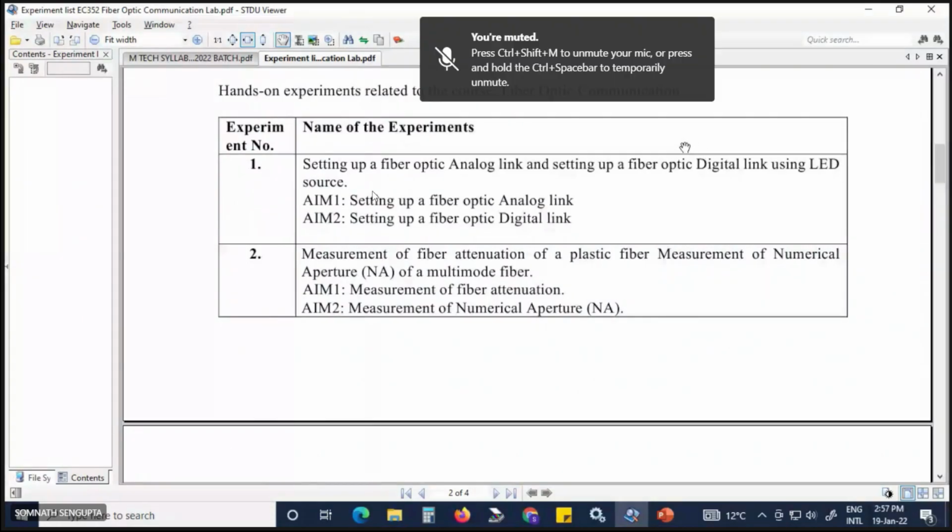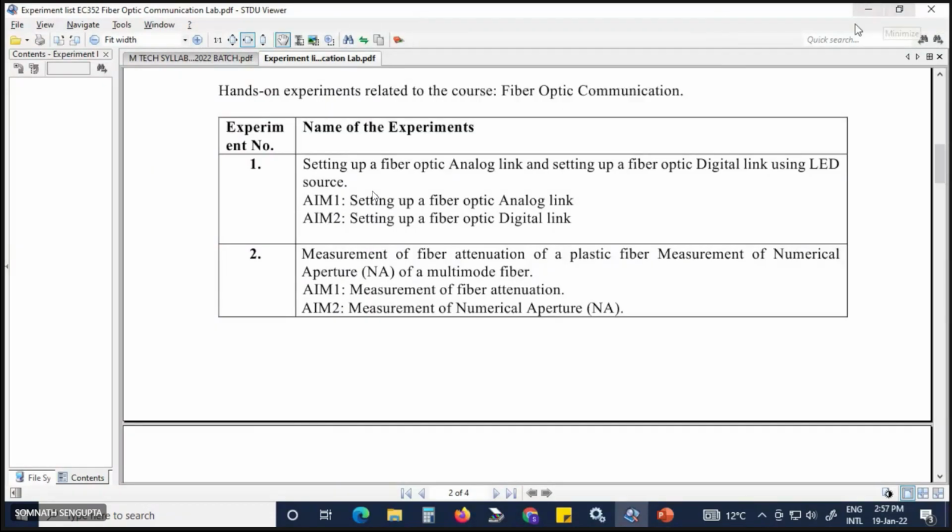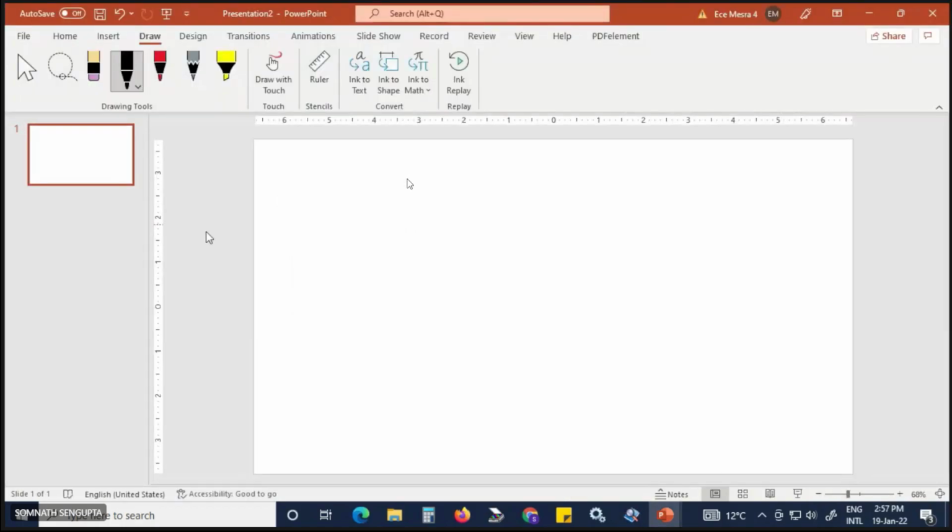Now I will explain some of the experiments. So the first experiment is fiber optic analog link and fiber optic digital link. Basically, what do you mean by a fiber optic link?